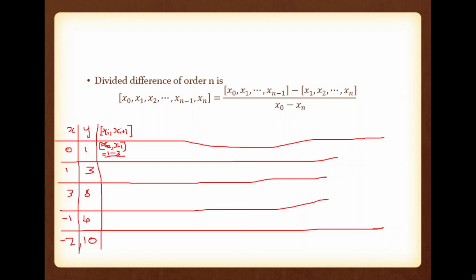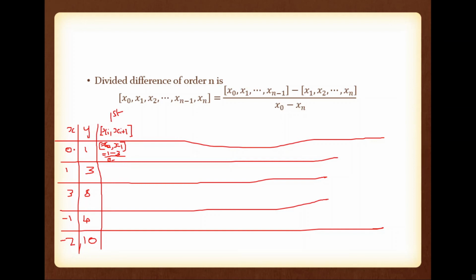Divided by, so always please note, numerator point of view, go through the previous column, its current value minus the next value, always. So 1 minus 3. Now denominator point of view, you have to go through the x value. Take the current x value, that is 0. We are finding the first order divided difference.